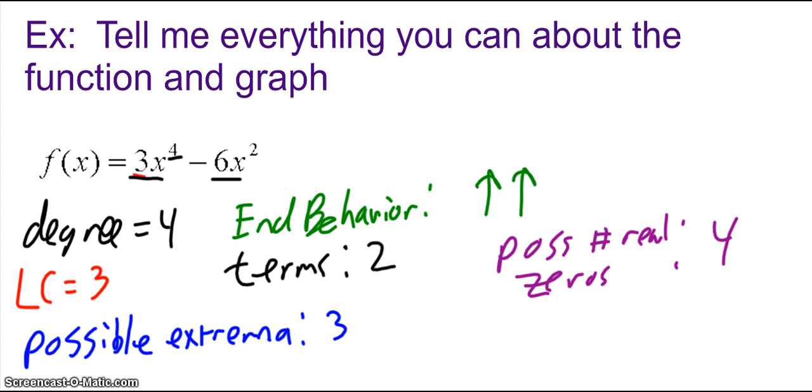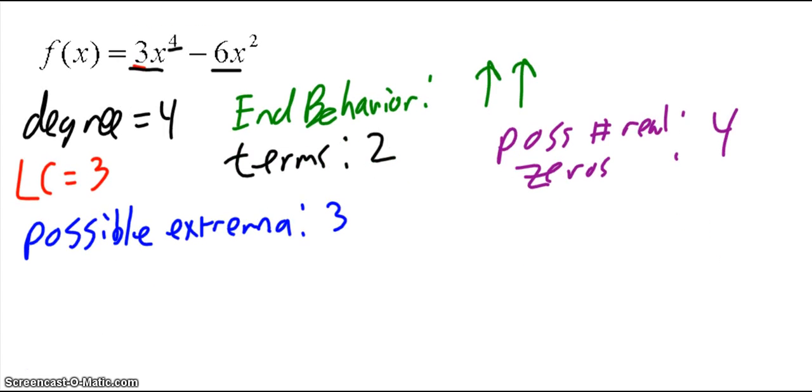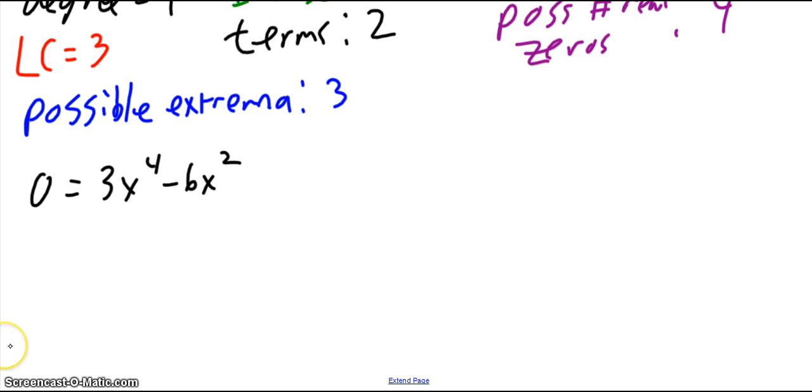The actual real zeros, how do we find zeros? We set the function equal to 0 and solve. So 0 equals 3x to the 4th minus 6x squared. We can factor out a 3x squared. And we're left with x squared minus 2.